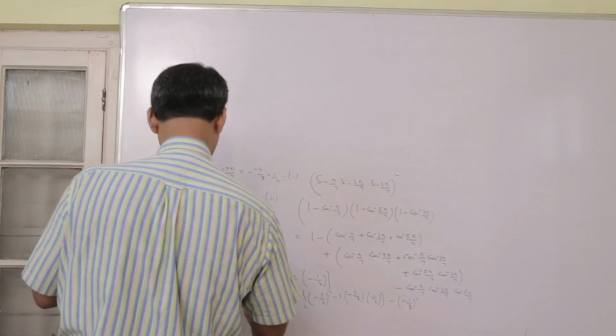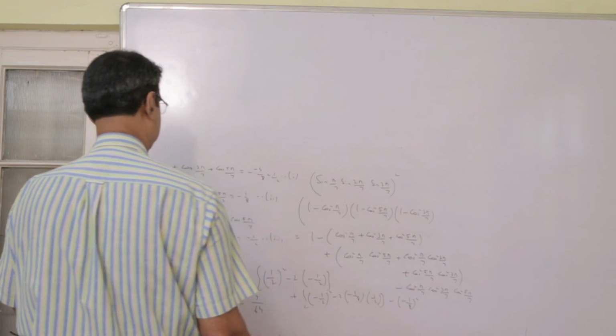So if you simplify this, it will come to 7 by 64.